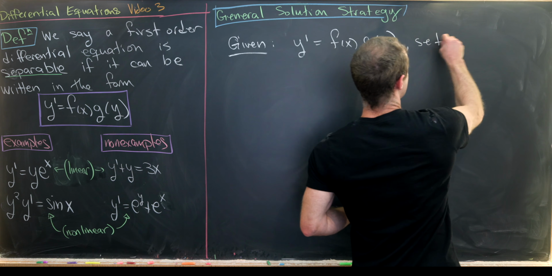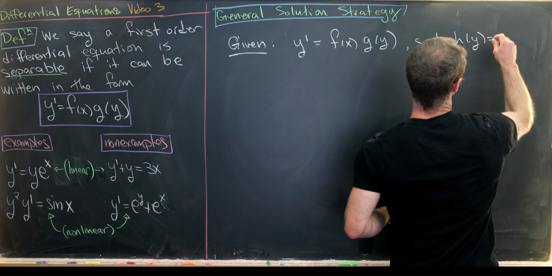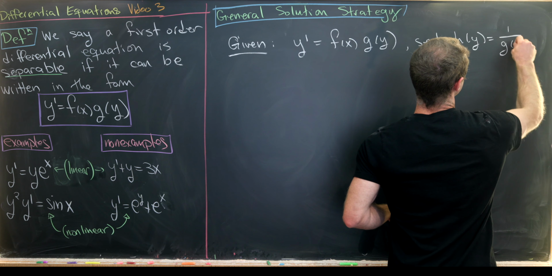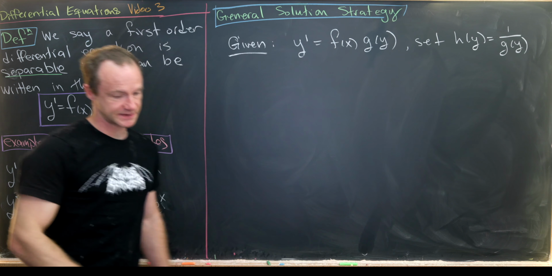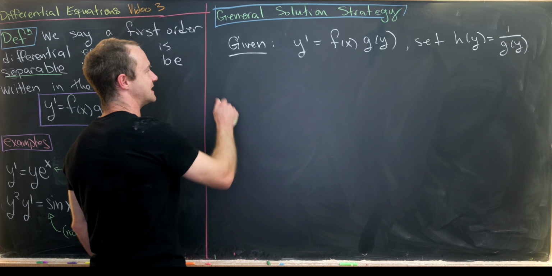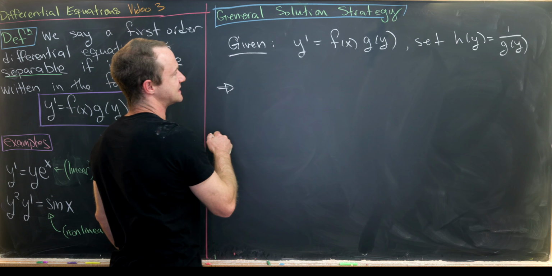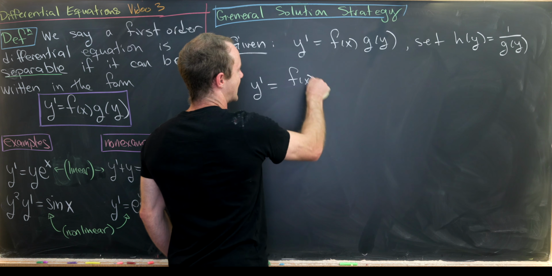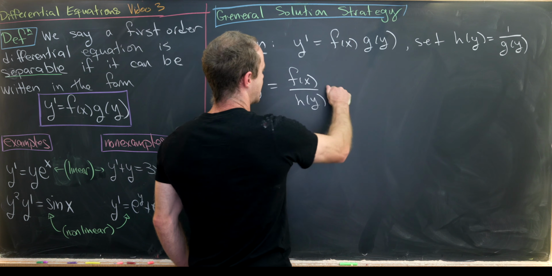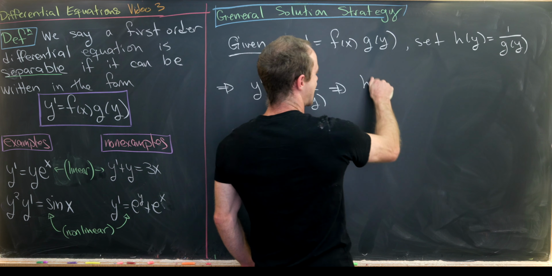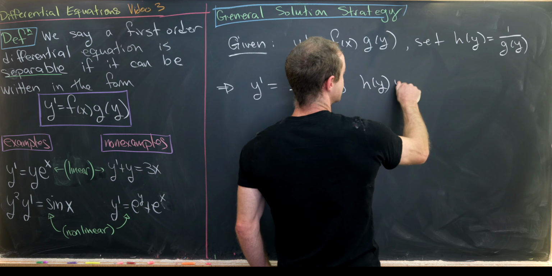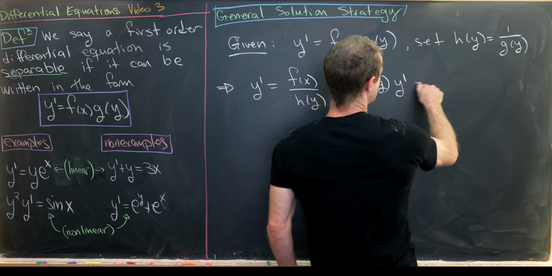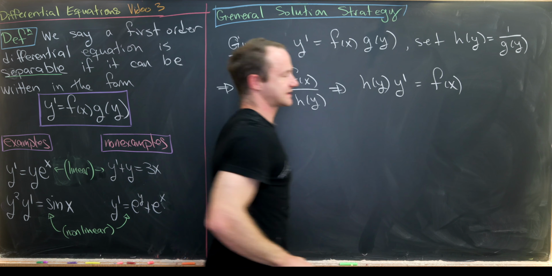I'm going to set h of y equal to 1 over g of y. Great. But now what does that do to my differential equation? That turns my differential equation into y prime equals f of x over h of y, which can be rewritten as h of y times y prime equals f of x.